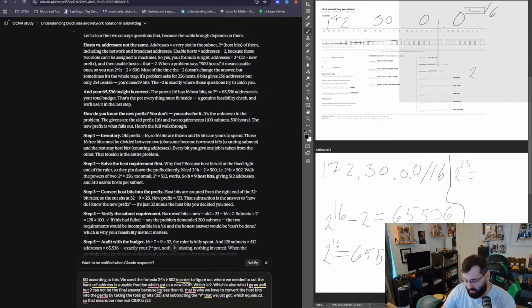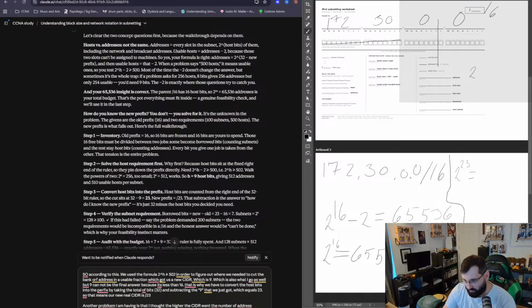Another problem I am having is that I thought the higher the CIDR went, the number of addresses decreased, but according to the formula to find addresses, it is 2 to the power of CIDR.